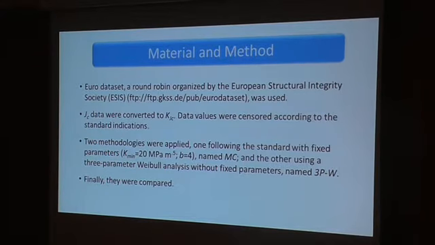Two methodologies were employed: one following the standard with two fixed parameters, which we call here MC, and the other using a three-parameter Weibull analysis without fixed parameters. That was named 3PW. Finally, the results were compared.